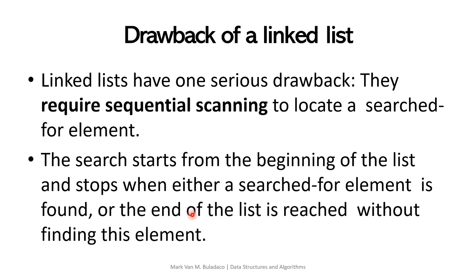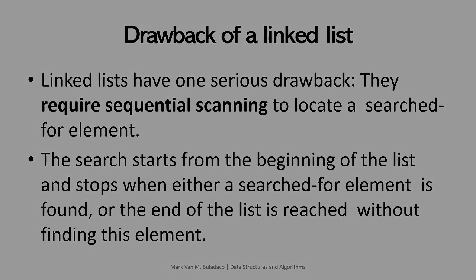Okay, so the search starts from the beginning and stops when either the searched-for element is found or the end of the list is reached without finding this element. So that is one serious drawback. That is why an array list is better for accessing. However, a linked list is better for manipulation, if you want to insert or delete new elements or nodes.